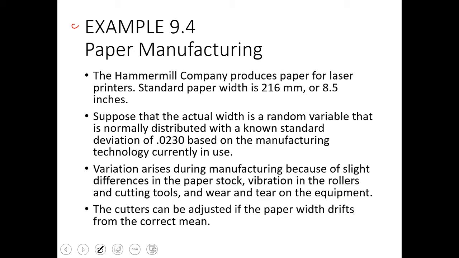So for example, let's study an example and understand what I talk about. A company produces paper for a laser printer, and the standard paper width is 216 millimeter, so 8.5 inches.